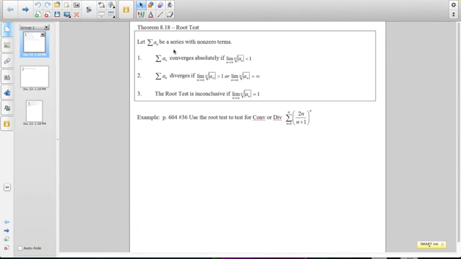Okay, the root test is really just a repeat of the ratio test. All the concepts are the same in terms of the fact that we have this non-increasing nature. This speaks to the non-increasing nature.